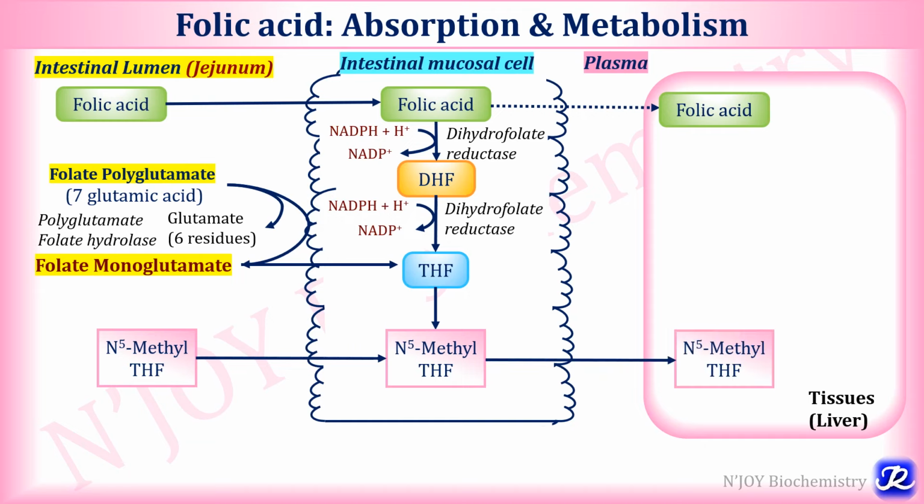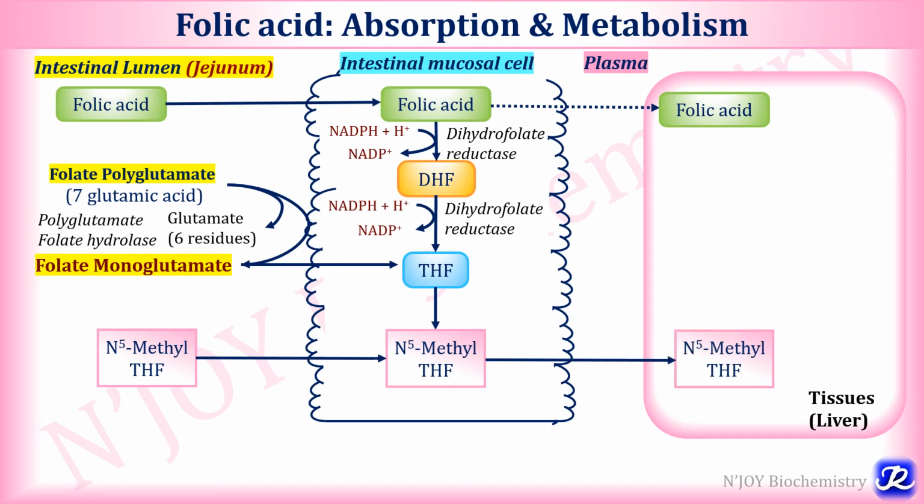This N5-N10 methinyl tetrahydrofolate is derived from the histidine catabolism. On catabolism of histidine, FIGLU is formed, and then THF, tetrahydrofolate, is incorporated to form N5 formimino tetrahydrofolate, and ultimately we get N5-N10 methinyl tetrahydrofolate, which is utilized for the purine synthesis.